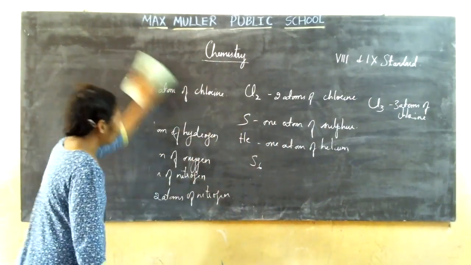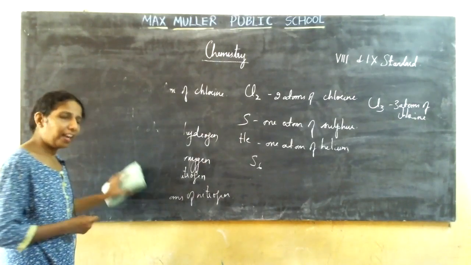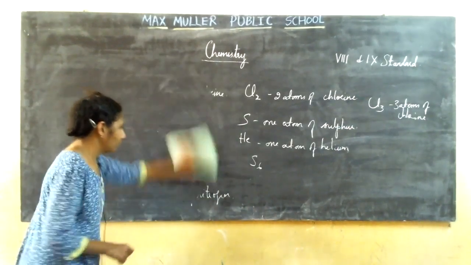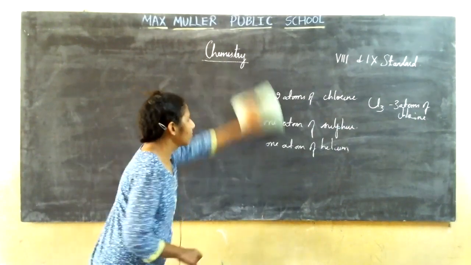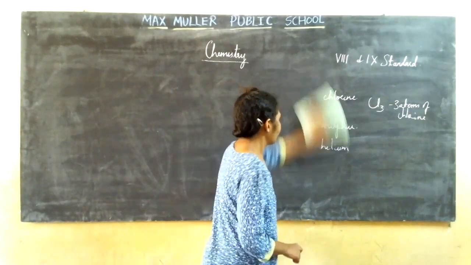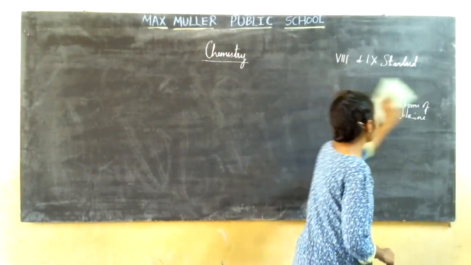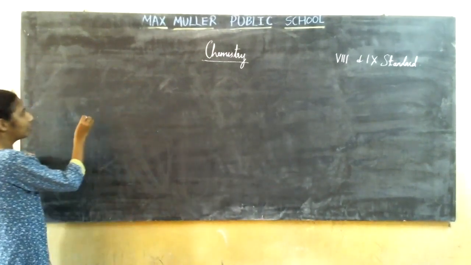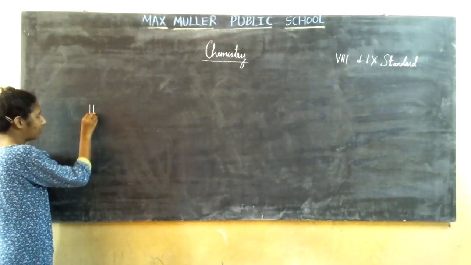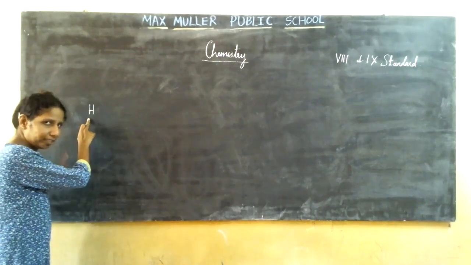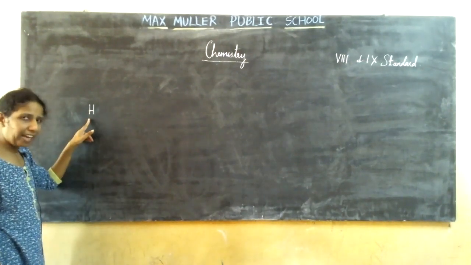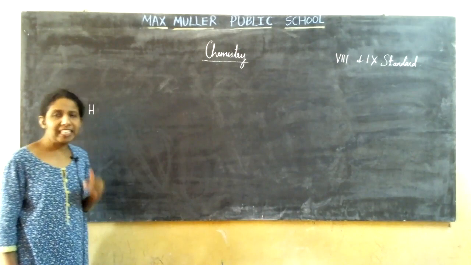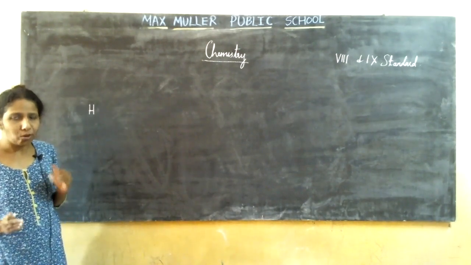Now we will learn what are atoms and molecules and what are elements and compounds. Yes. See, very simple. If I consider H, this represents an atom of hydrogen. This hydrogen atom does not exist independently. It does not exist on its own.